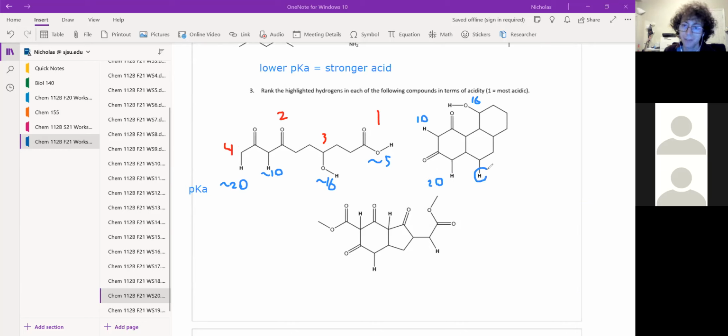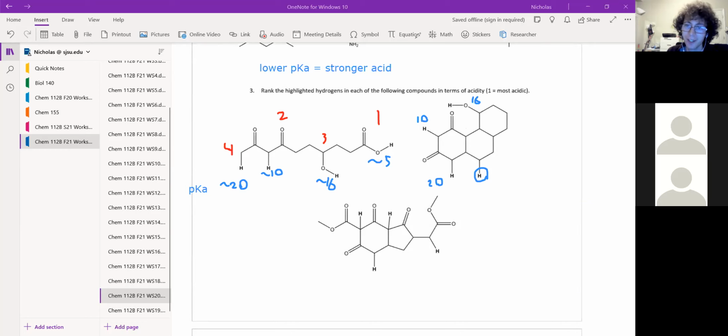What should the pKa be for this last one though? We didn't see an example of this earlier. Does it even have a pKa? It does, but is there anything special about it? Not really. It's just a regular carbon-hydrogen bond, so it's very, very, very weak.